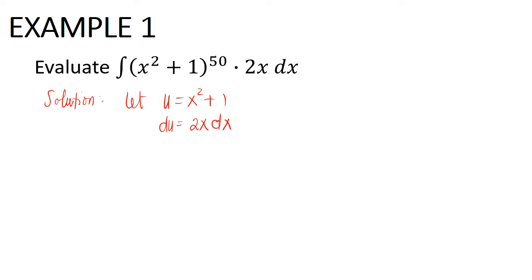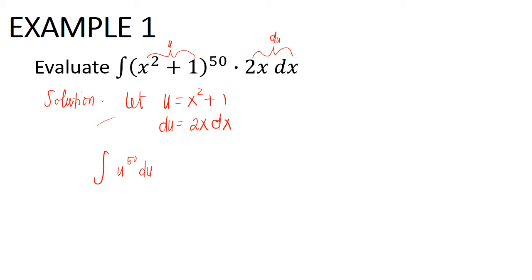So, ito na ngayon yung isa-substitute ko dito sa original integral ko para magkaroon tayo ng substitution or change of variables. So, since u equals x squared plus 1, lahat ng ito ay magiging u. And itong 2x dx, obviously, ay equal kay du. So, yung integral ko ay magiging integral ng u raised to 50 du.